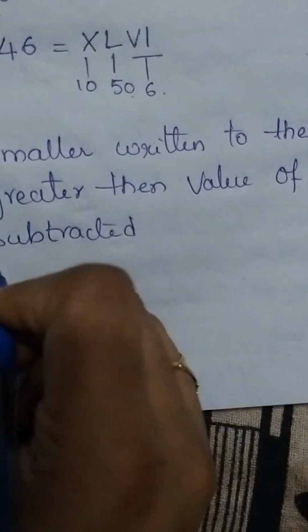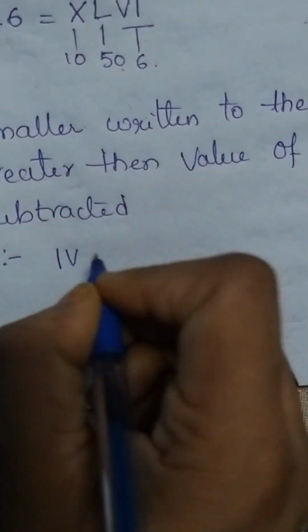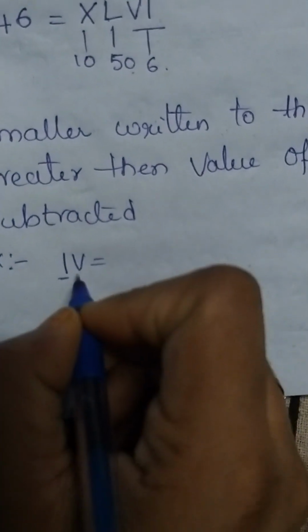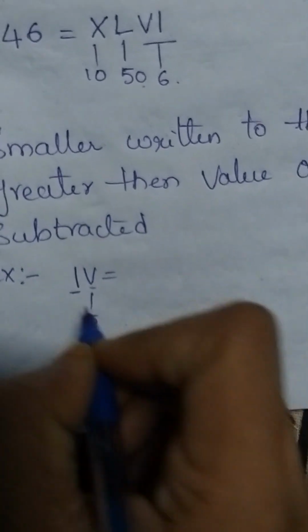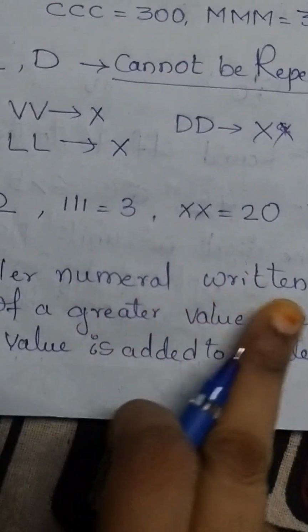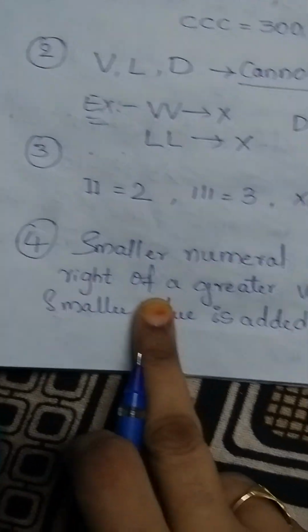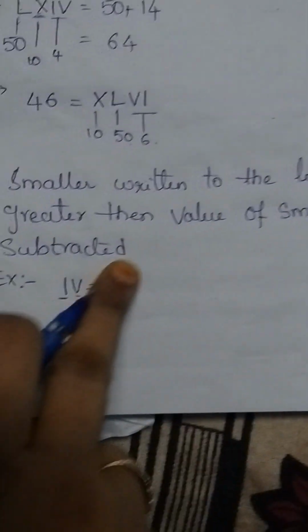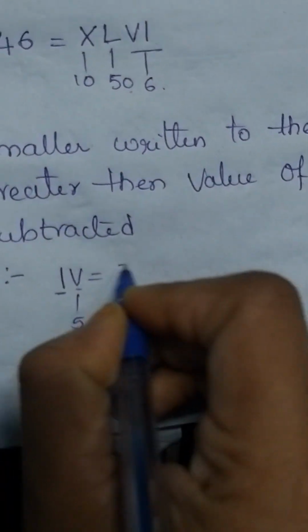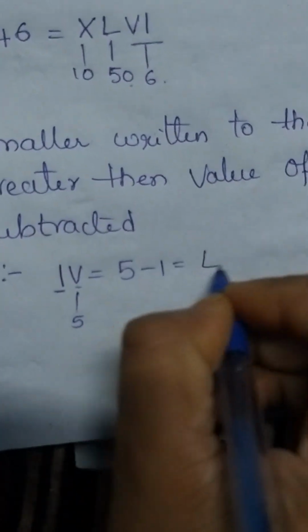Okay, for example, see, children, 4 is there. Here it is small, here it is big; here it is big, here it is small. In this, smaller is right of a greater. Here the smaller is left of the greater. So we have to subtract from the greater, that is 4.